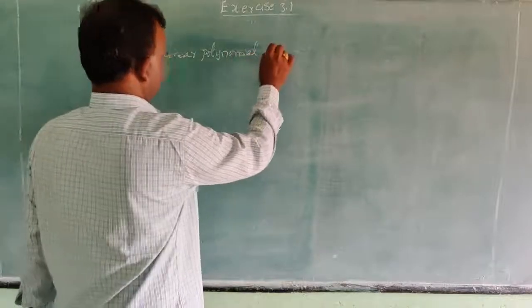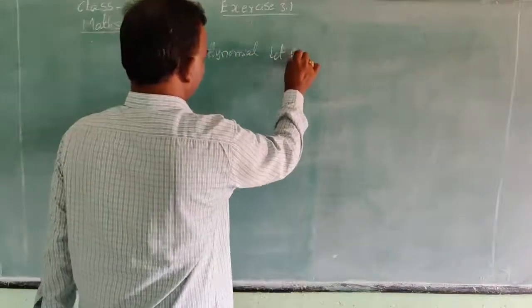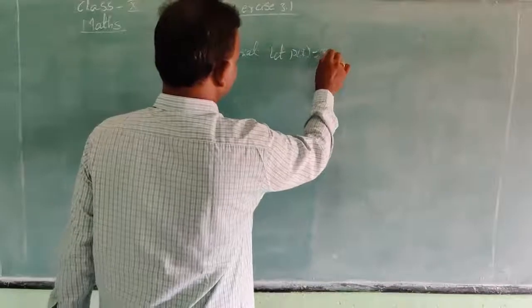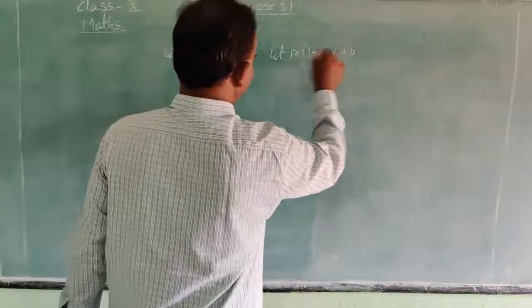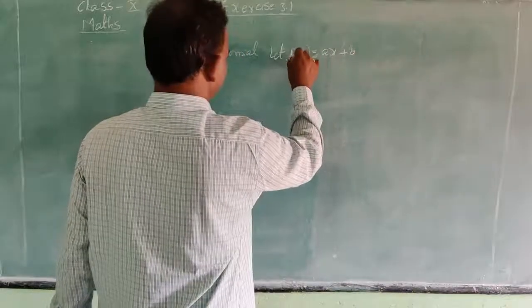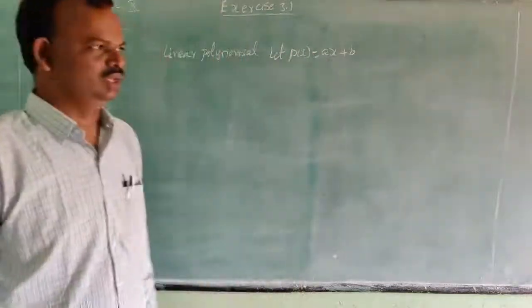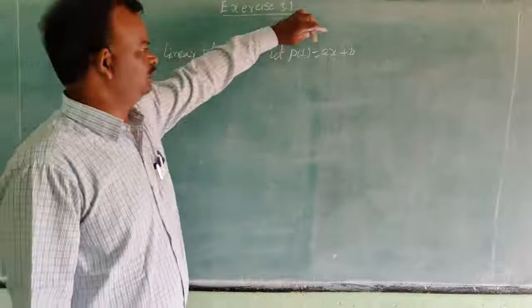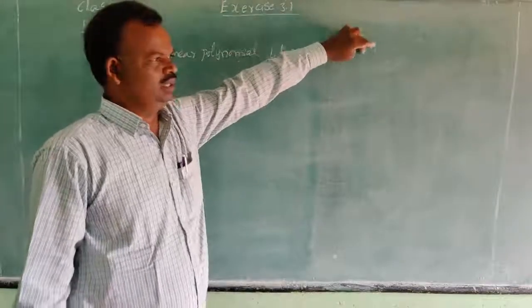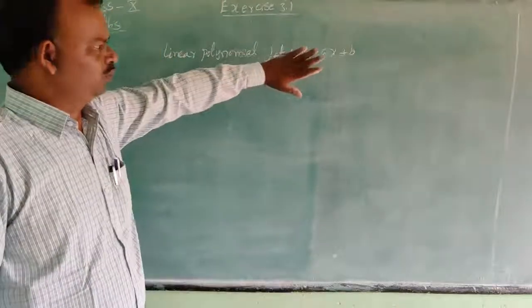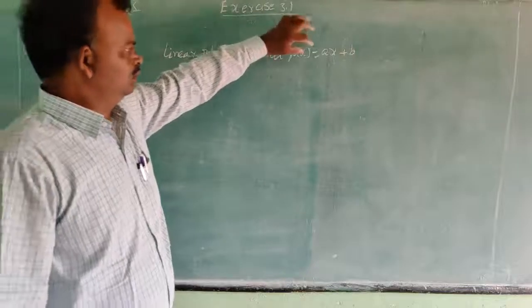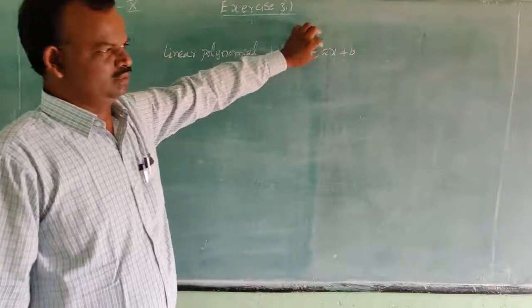Let p of x is equal to ax plus b. Linear means the degree is 1. So we are taking a linear polynomial p of x is equal to ax plus b. We will find the zero of the polynomial p of x.